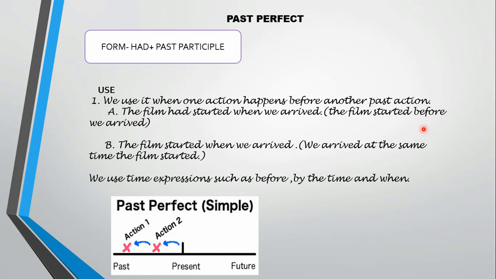So this is not actually placed in chronological order. So for the most recent action, as you can see, on Tuesday she couldn't drive, we are going to use past tense. But for the earlier action that had taken place, we are going to use what? We are going to use past perfect tense because she had lost her keys on Monday.